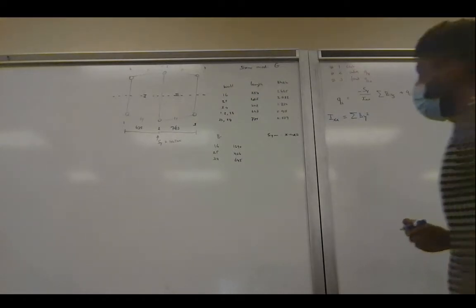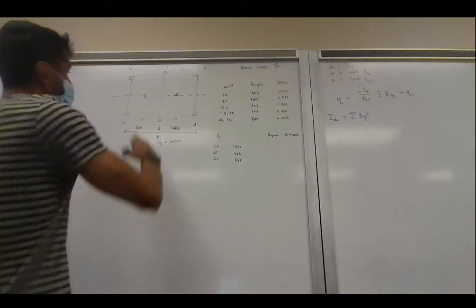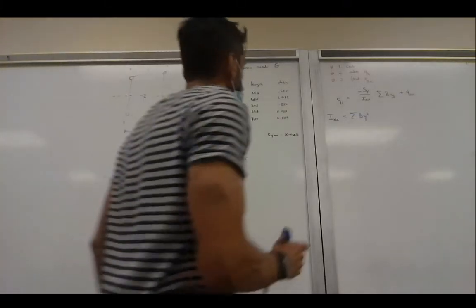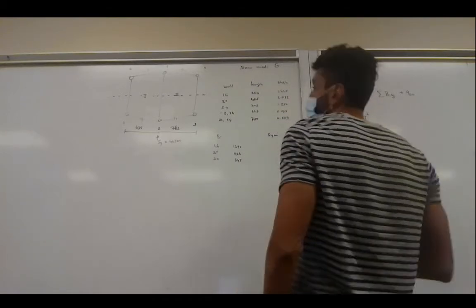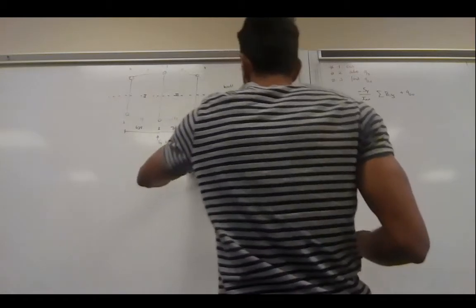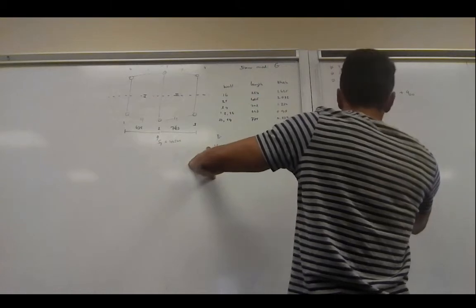Because it's symmetric, we can multiply everything by a factor of 2 and just look at the top half. So we've got 2 times, let's start with boom 1, that's 1290.